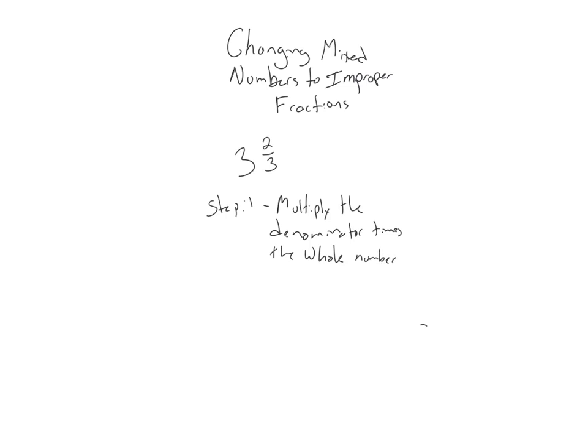So we're going to do 3 times 3, and that is going to equal 9. Okay, so that was step one. We take the denominator, we multiply the whole number.